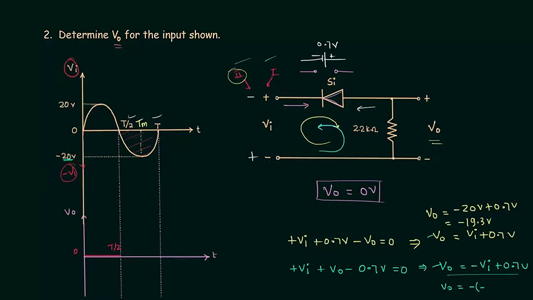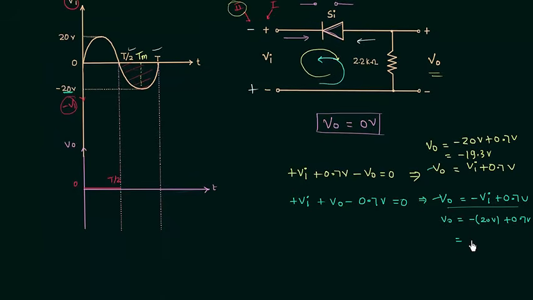So we will just consider 20 volts plus 0.7 volts. When you solve this you will have the same result, minus 19.3 volts. So you can use any of these equations to obtain the output voltage, but you have to be careful regarding the sign of the input voltage.